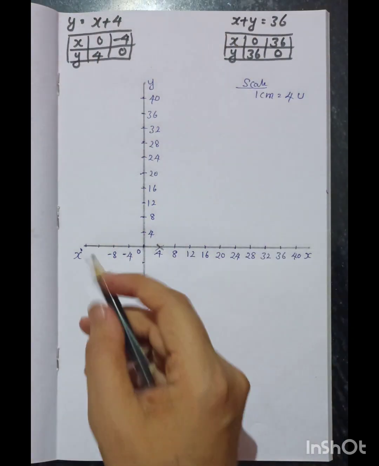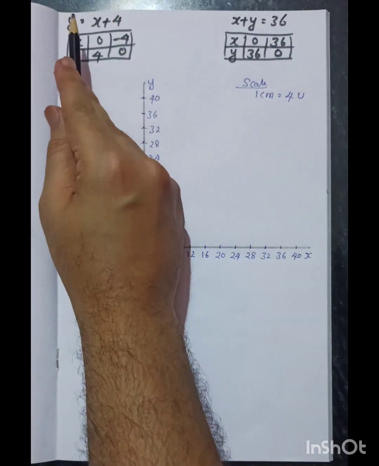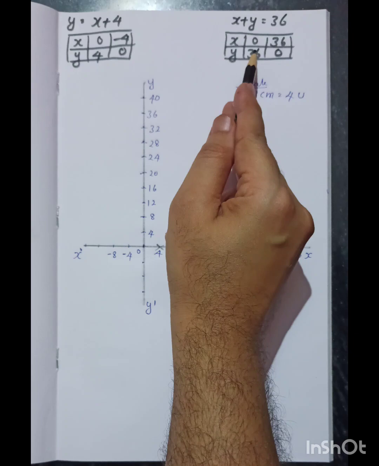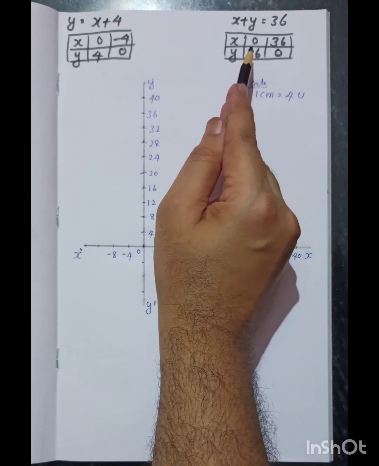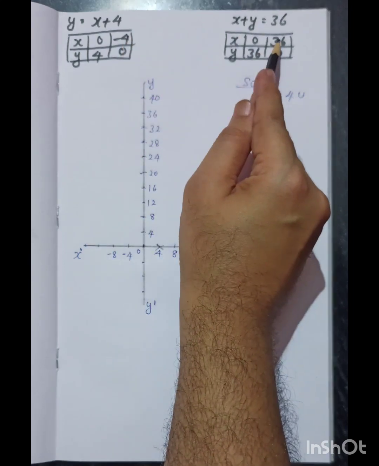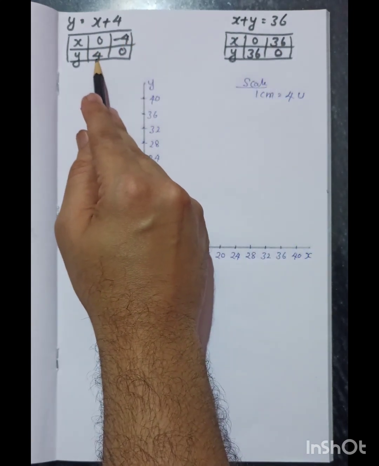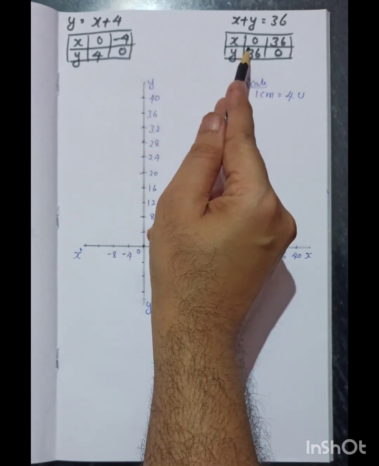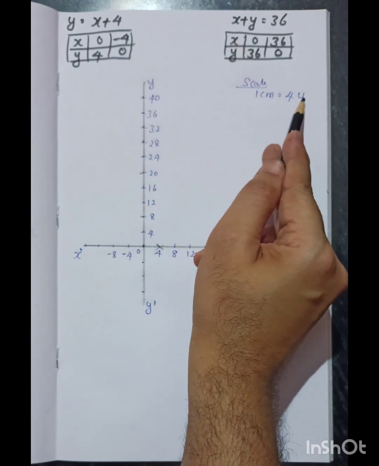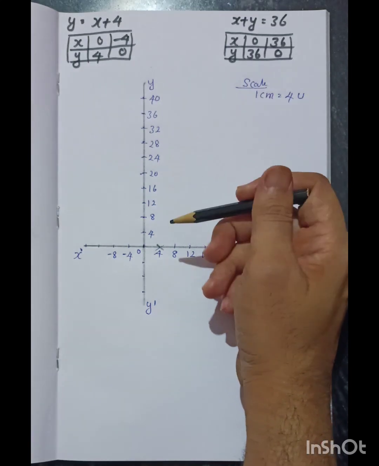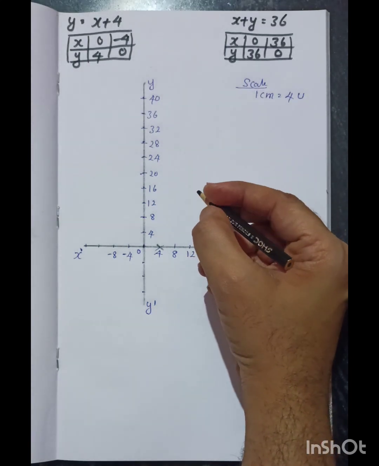Check it out, the minimum value of x is minus 4 and the maximum is 36. Y minimum is 0 and the maximum is 36. By comparing the values, I took 1 centimeter as 4 units. You can take any appropriate scale as per the availability in the graph sheet.